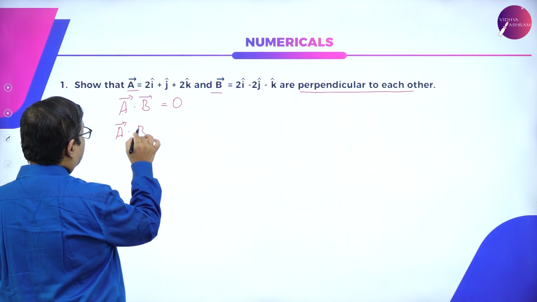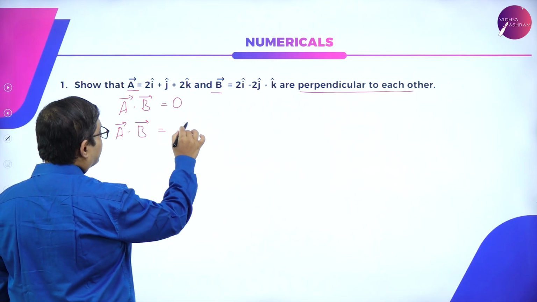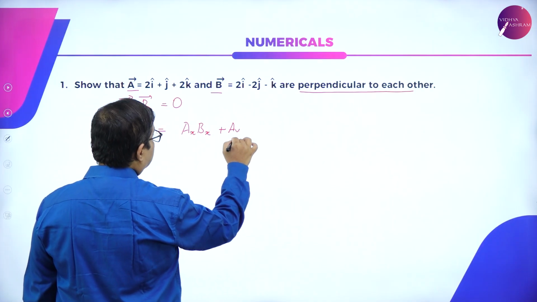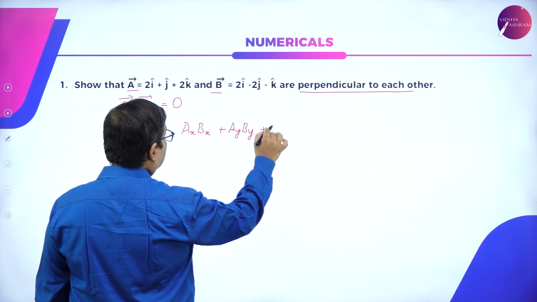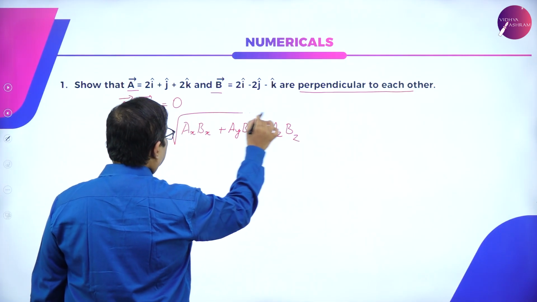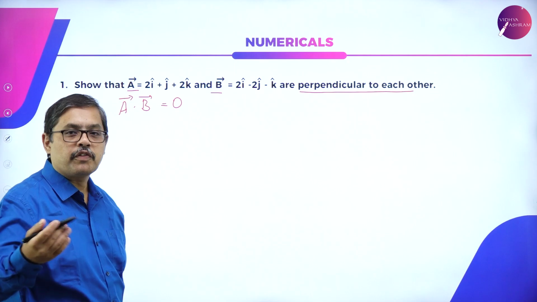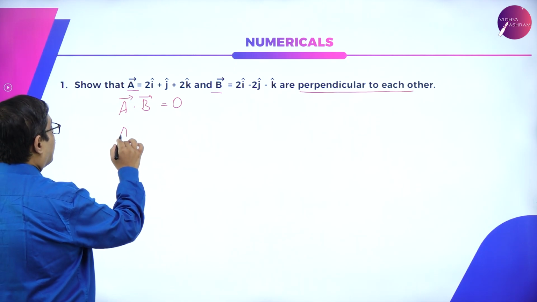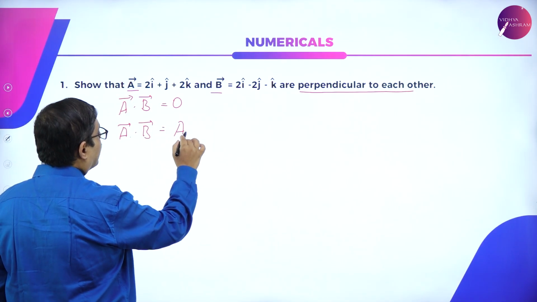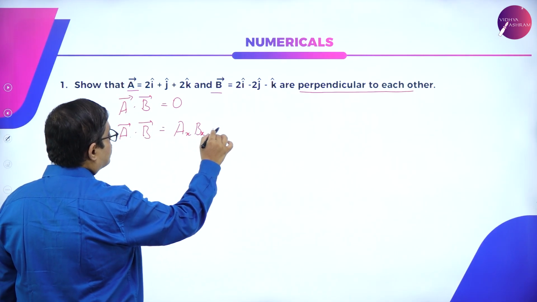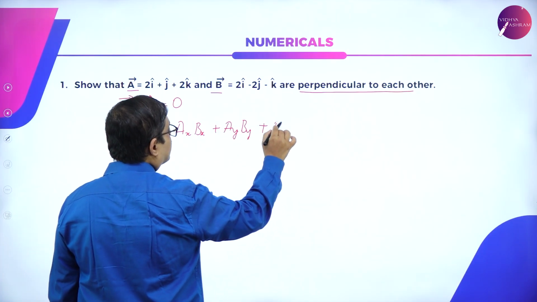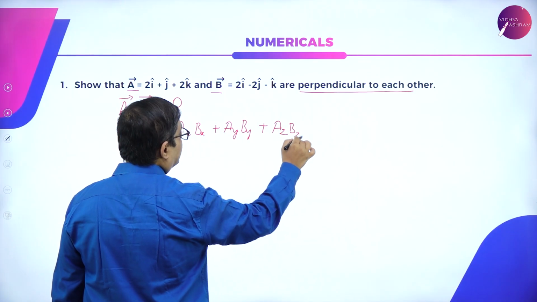How to find the dot product? The dot product of vector A and vector B is given by AX BX plus AY BY plus AZ BZ.